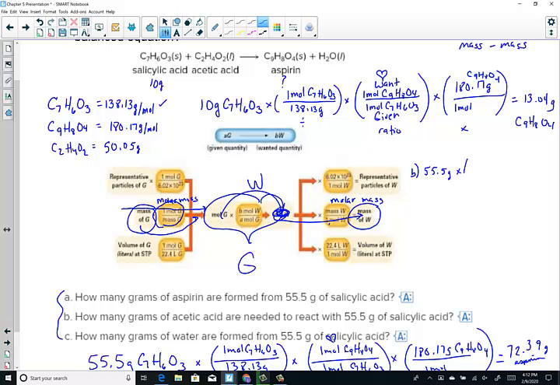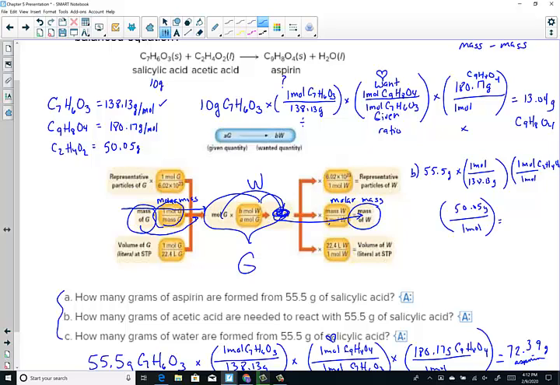And so I know that my first step will be to convert using 138.13. It's still a 1 mole to 1 mole ratio. It's just that now we're going to acetic acid, C2H4O2. Step 3, I have to come down here and I'm going to use the molar mass I just solved for, 50.05 grams. 55.5 grams of salicylic acid.